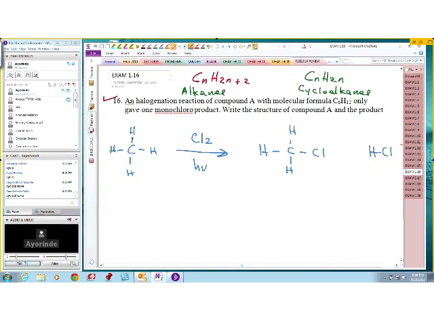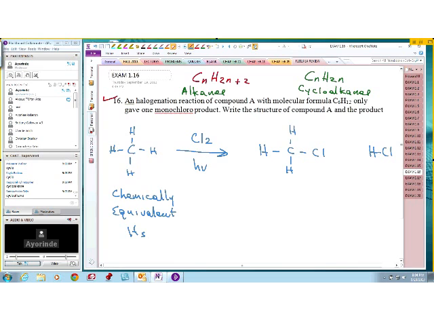Now, if you take a look at this molecule that we call methane, we have 4 hydrogens. All of these hydrogens here are what we call chemically equivalent hydrogens.